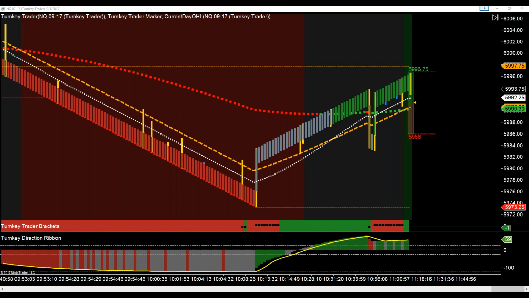Now, one of my favorite things about Turnkey Trader so far is that once you really get comfortable with the trades and looking at the patterns, you can kind of see that everything's not as set in stone as the rules. Not to say that we shouldn't follow the rules, but there are several money management strategies that are effective.